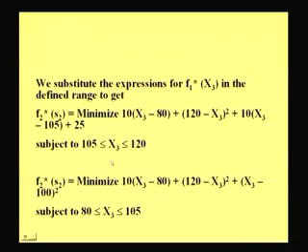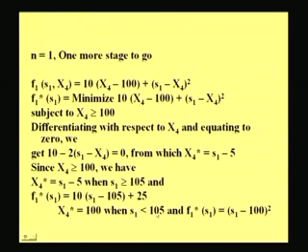On the other hand, in the range x3 less than 105, let us go back. When S1 is less than 105, F1 star of S1 is S1 minus 100 the whole square. Now, S1 is the same as x3.